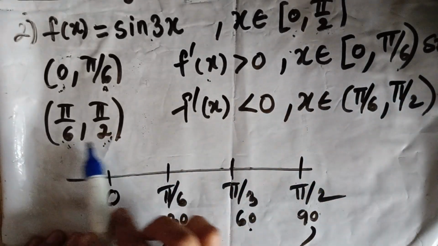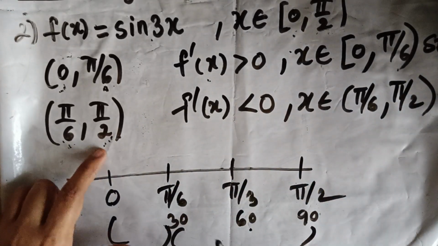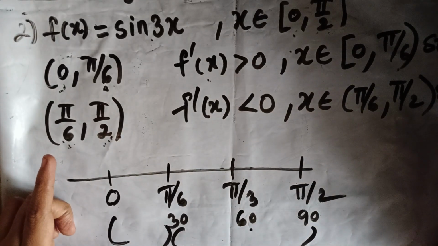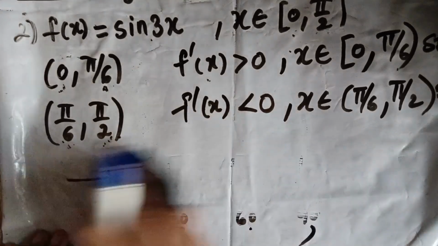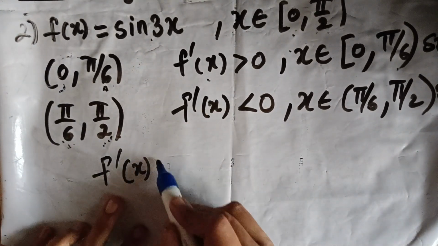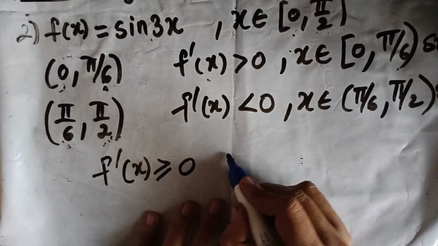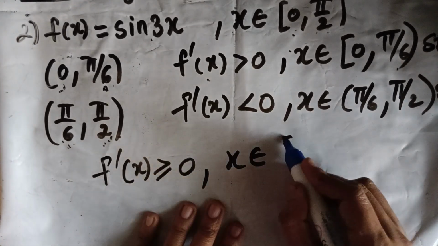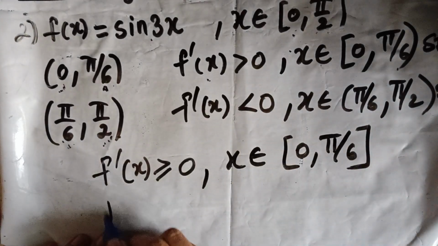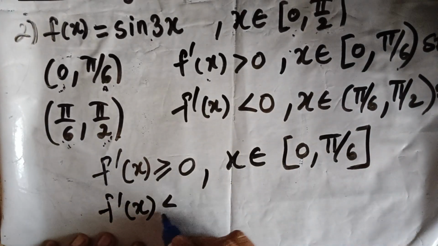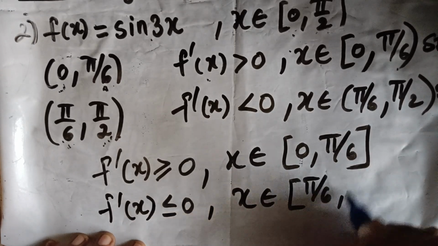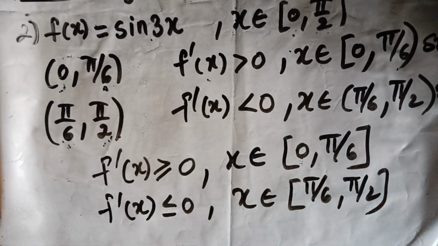We are removing both points because at both of them it is 0. Now if you want to write for just increasing, that is f dash of x is greater than or equal to 0, then for x belonging to, we have to include both these points.